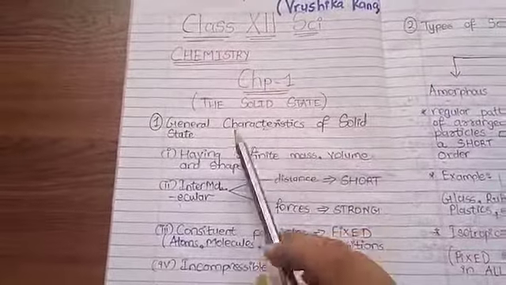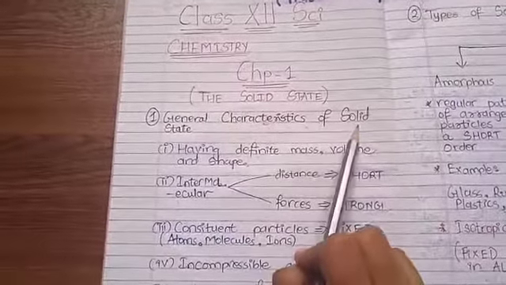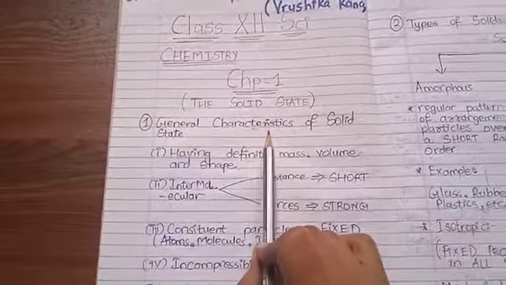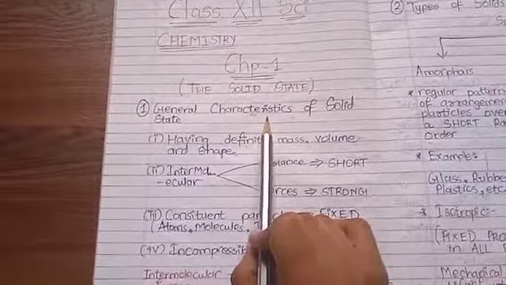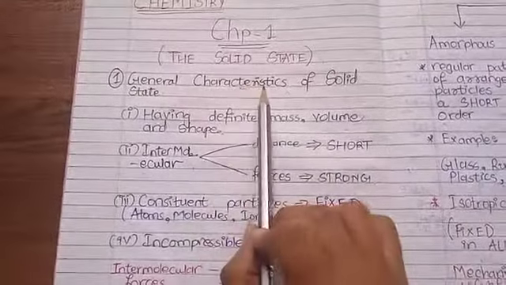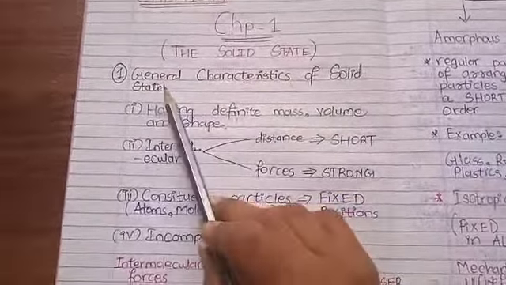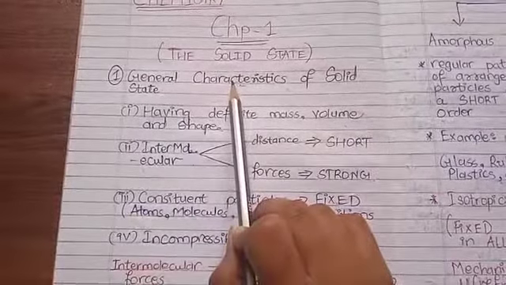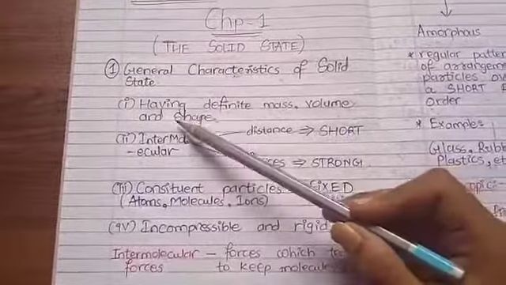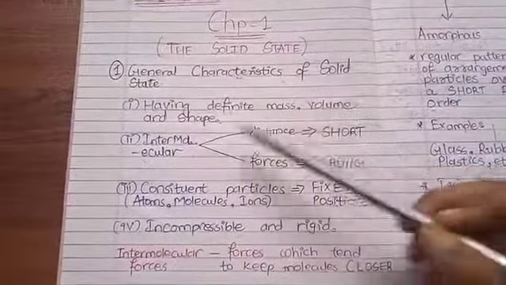So first, the topic is general characteristics of solid state. These are the characteristics that we learned in our earlier classes. There are four different characteristics. The first is having definite mass, volume and shape.